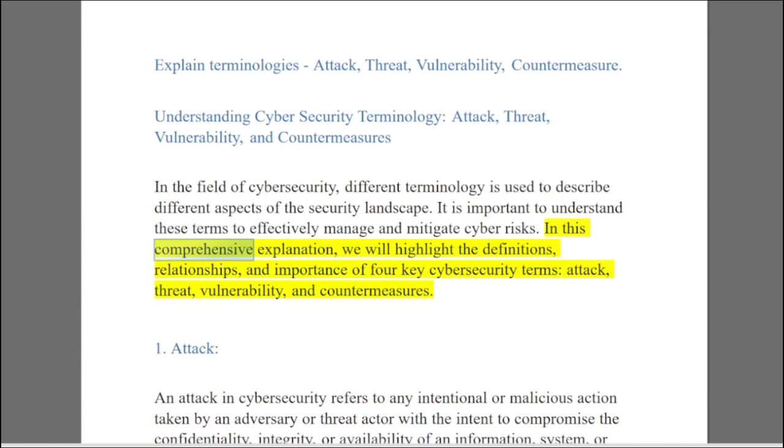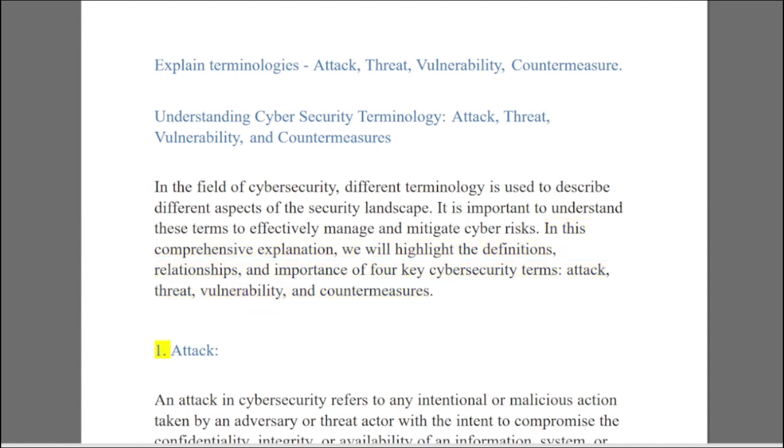In this comprehensive explanation, we will highlight the definitions, relationships, and importance of 4 key cybersecurity terms: attack, threat, vulnerability, and countermeasures. 1. Attack.